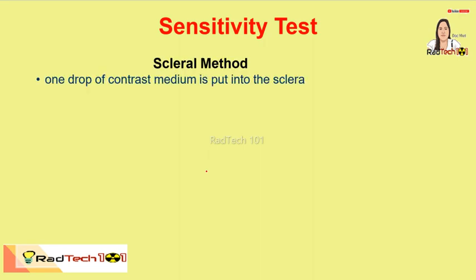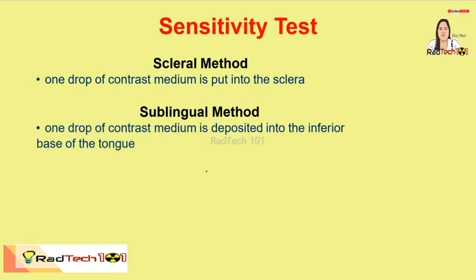For the scleral method, 1 drop of contrast medium is put into the sclera, of course, since it is the scleral method. For sublingual, the 1 cc we mentioned earlier, 1 drop of contrast medium is deposited into the inferior base of the tongue. So, it is under the tongue, at the inferior base.